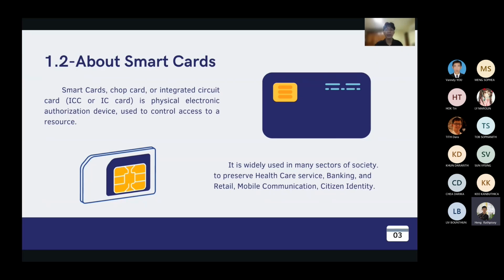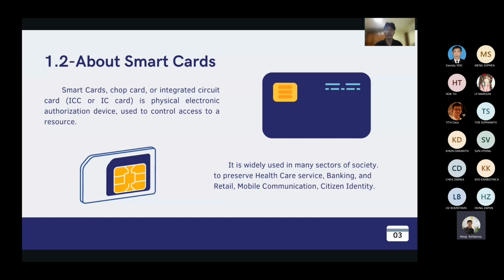We have already known about the key components of smart card and its overview, which was presented by the previous presenter. Now, let me briefly describe smart card. A smart card, or chip card, or integrated circuit card, which we can call ICC or IC card, is a physical electronic authorization device used to control access to a resource.